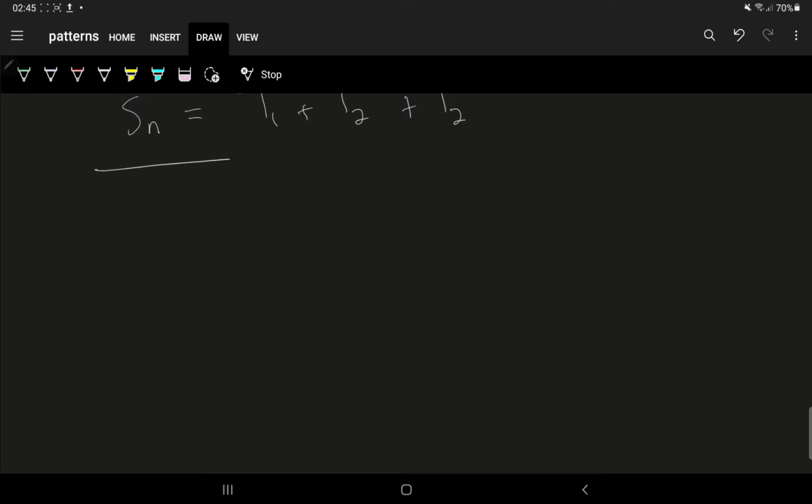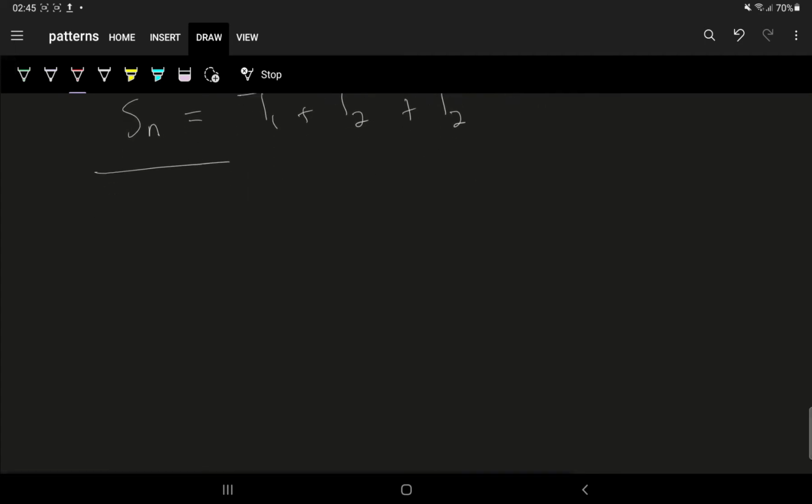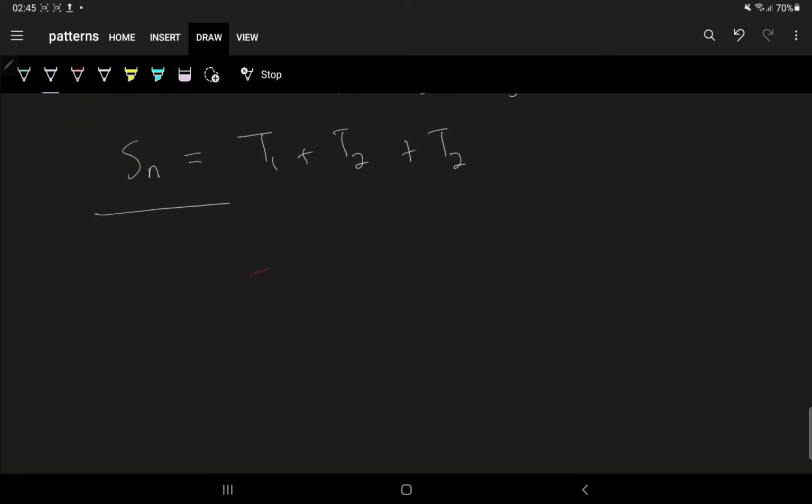So when proving these terms, you need to listen attentively, guys. Like I said, the arithmetic series just refers to the sum of the terms in an arithmetic pattern or a linear pattern.